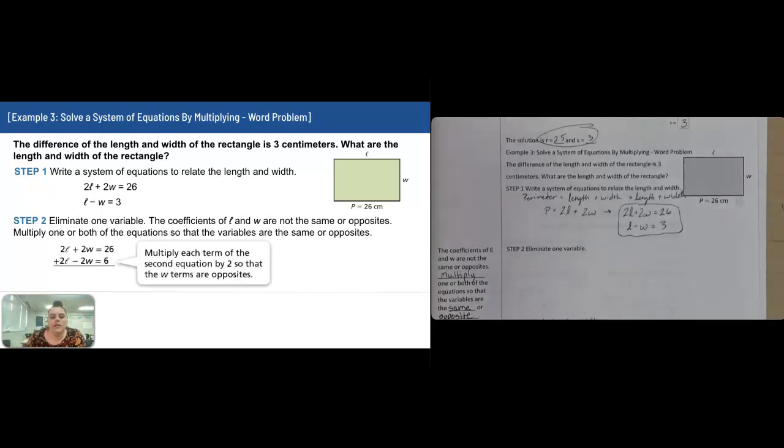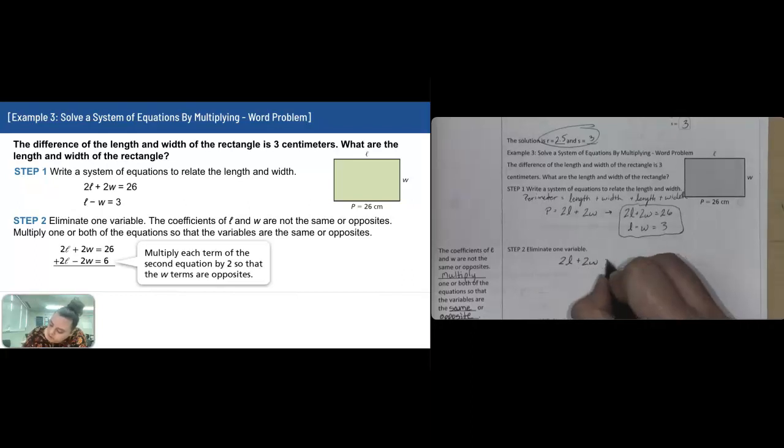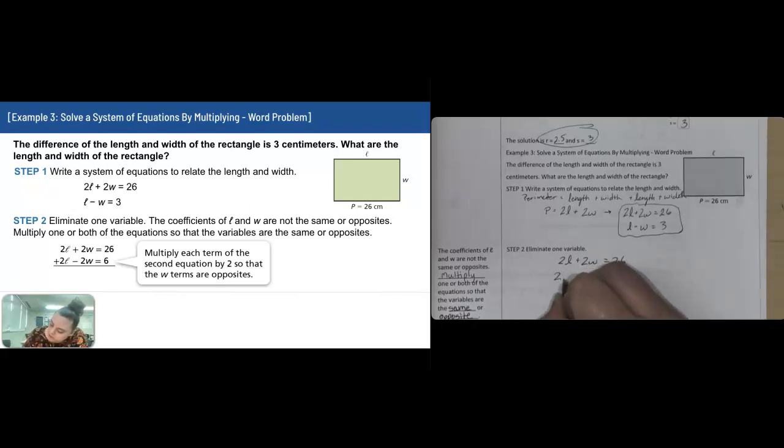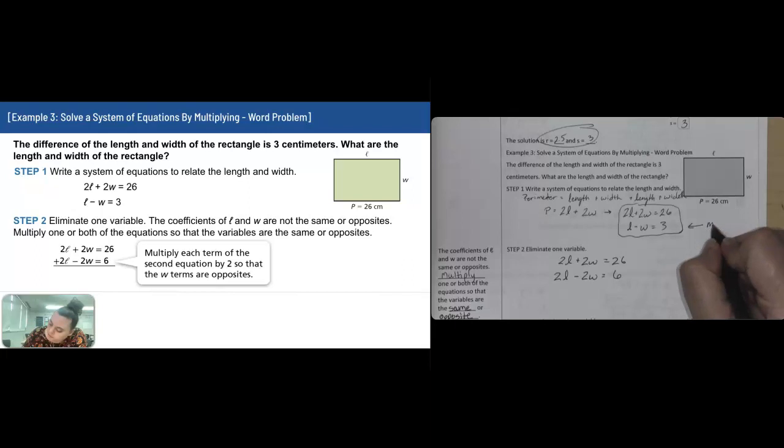So we are going to multiply everything in the bottom equation by 2 so that we get 2L plus 2W equals 26 and 2L minus 2W equals 6. So again, what we did here was multiply everything by 2.